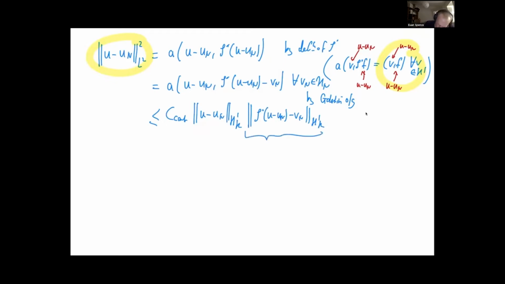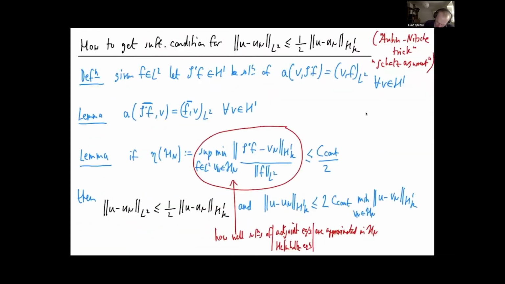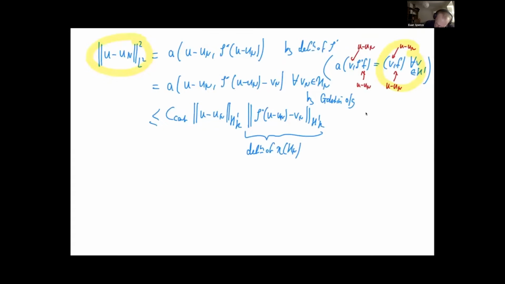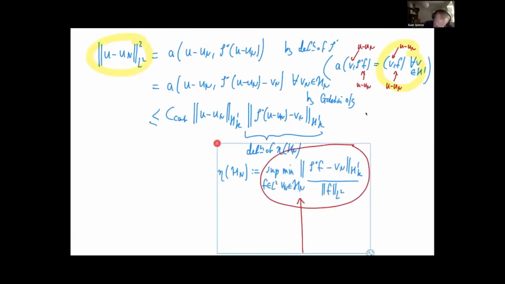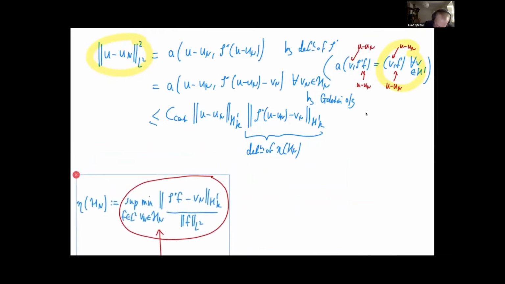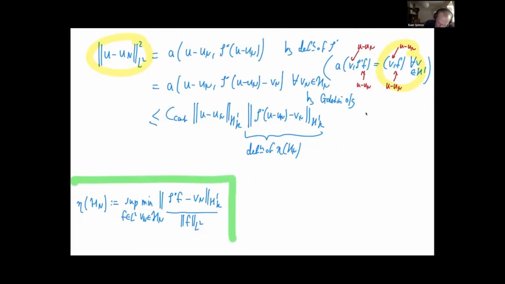Now, the definition of eta, how this was defined. Let's copy it again and paste it here. This is the definition of eta from before.